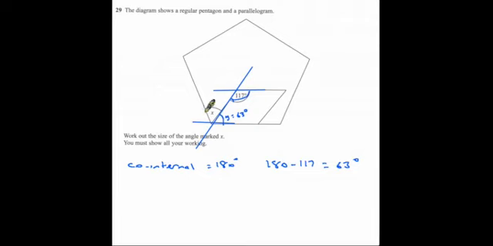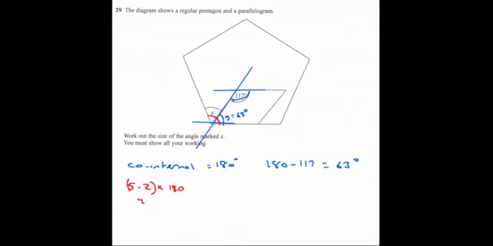We now need the whole angle here. Let me change colour. We are now looking for the whole angle of the inside of a pentagon. Now for any multi-sided shape, to work out the total of all the internal angles, we look at the number of sides. Pentagon has 5, take away 2, and then we multiply that by 180.